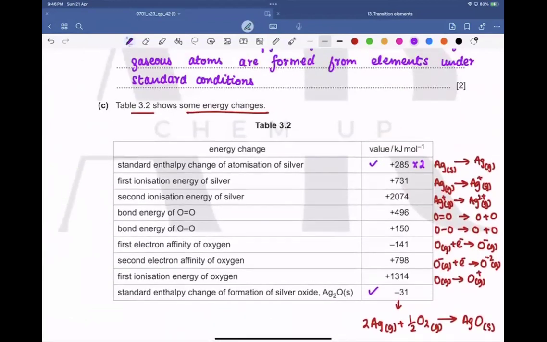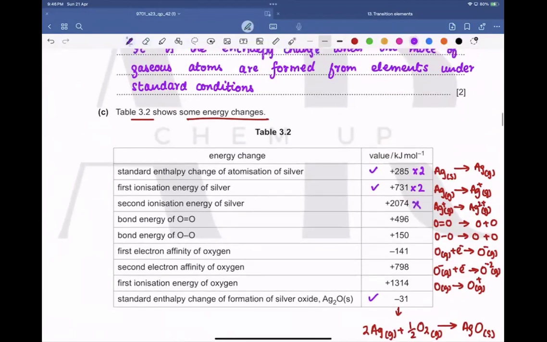So that is the first ionization energy of silver and we need it twice. To confuse you, they have given you the second ionization energy, but silver is in the +1 oxidation state, so we don't need it. Okay, bond energy of O2. We need this one, but it's the bond energy for when 2 moles of oxygen atoms are formed, and as we have discussed, we have to divide it by 2.